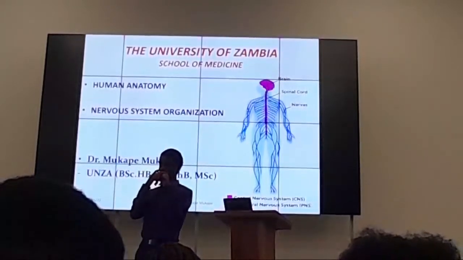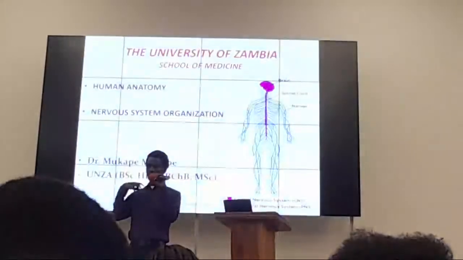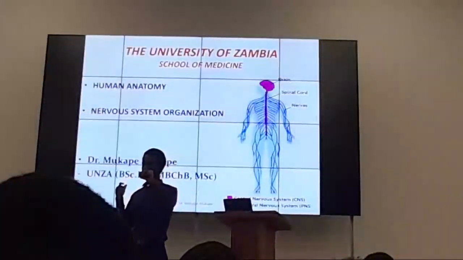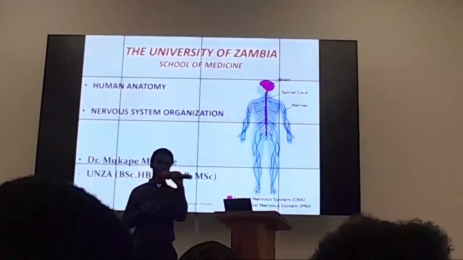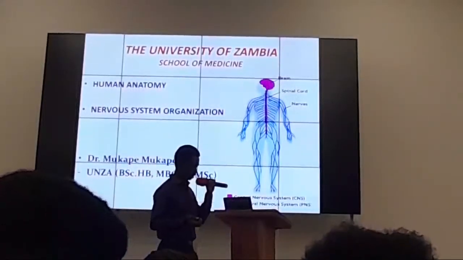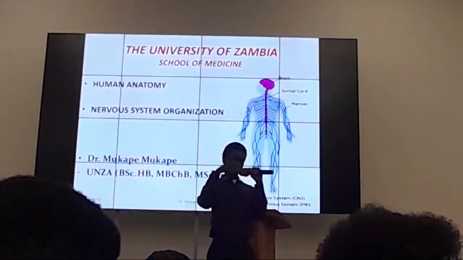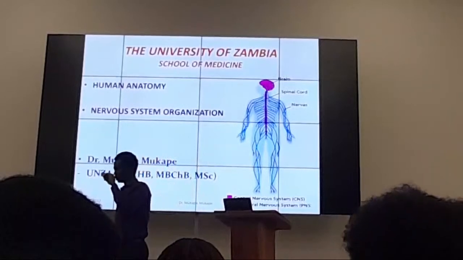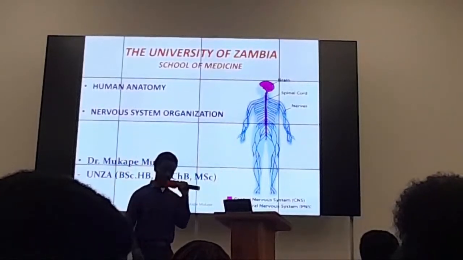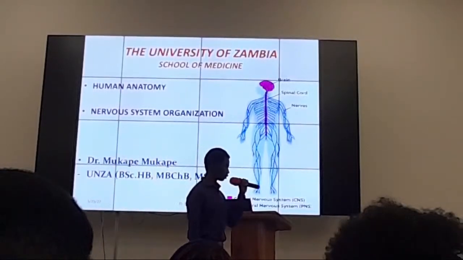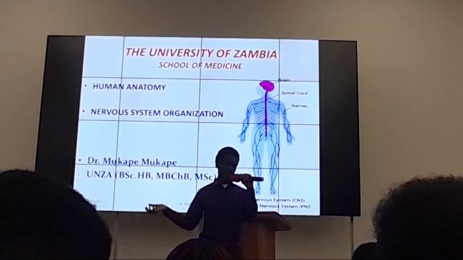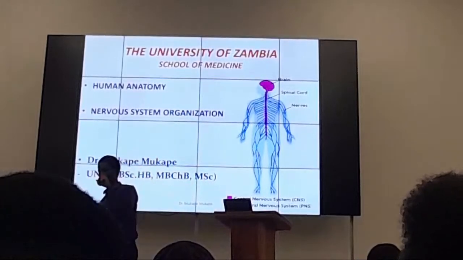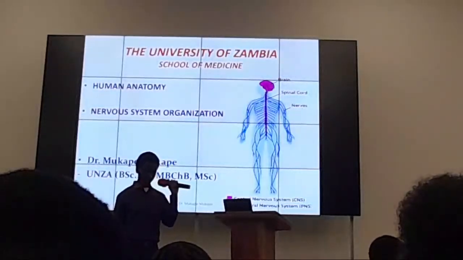Okay, because this is a division of the peripheral nervous system that is able to sense the surrounding and then carry the impulses towards the CNS. So hence afferent is towards. In this case we are referring to towards the CNS. So afferent division, we can also call it sensory division.